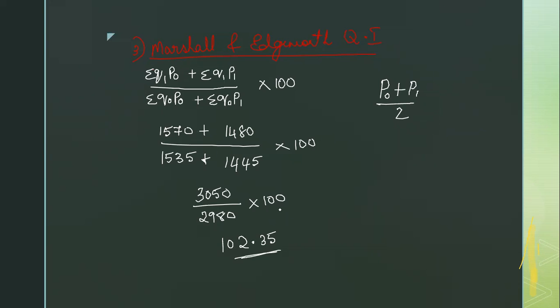Okay. Next method is Darvish and Bowley's method, under quantity index. Do not forget this quantity index. As you have already calculated Laspeyres and Paasche, we will write the short formula.